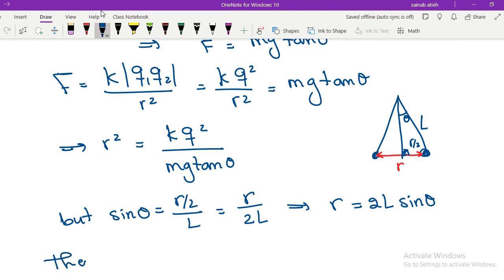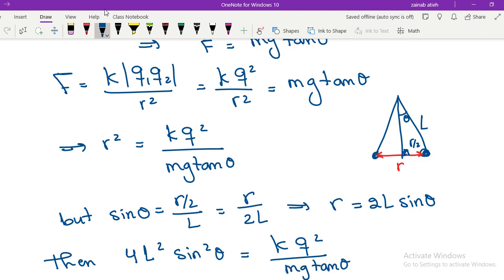Then 4L squared sine squared theta equals K Q squared over mg tangent theta.